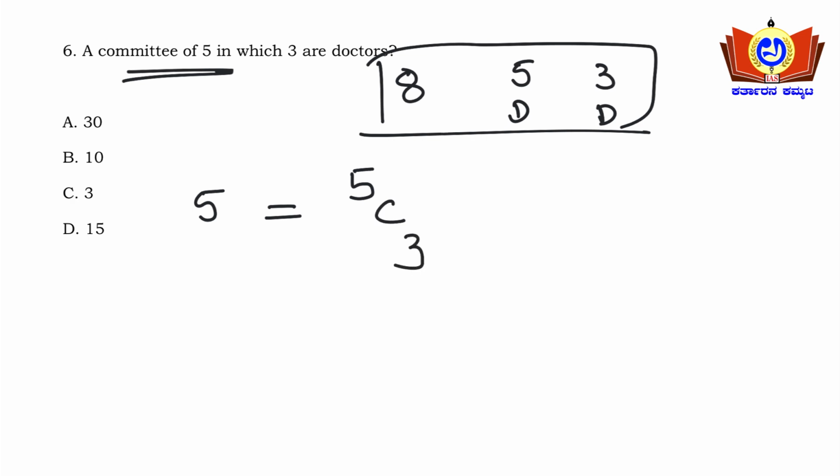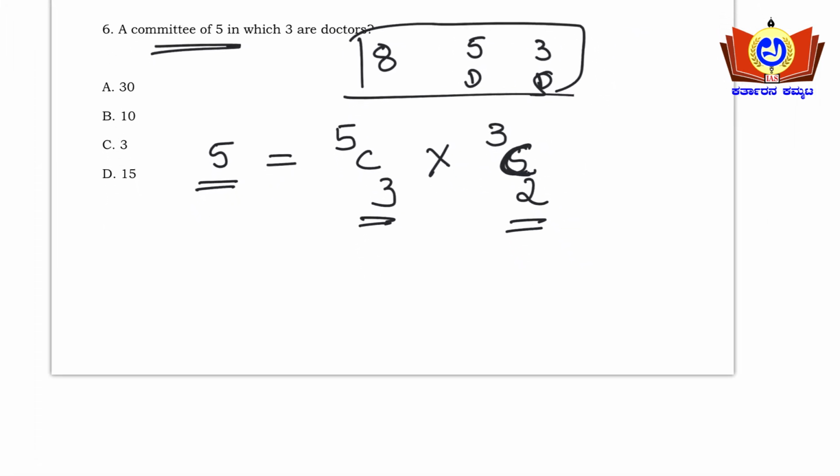Then how many places are remaining? 5 means 3 are occupied by doctors, so 2 places are remaining. How many scientists were there in total? 3 scientists were there, so a combination of 2 scientists is needed here: 3C2.